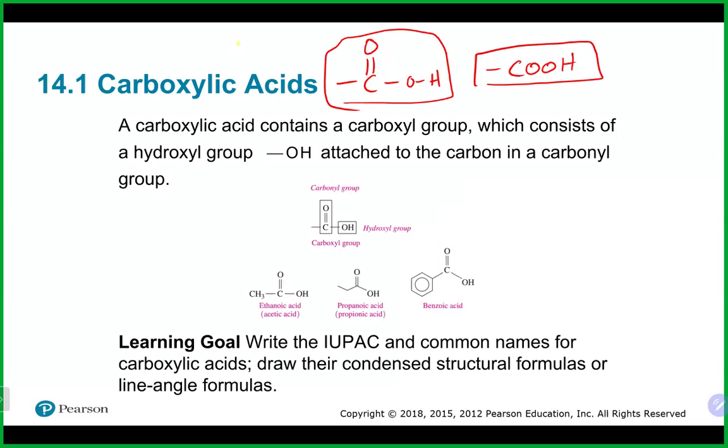It actually has 2 polar parts. It's got our carbon oxygen part here, and it's got our oxygen hydrogen part here. So a lot going on here. We saw how we make a carboxylic acid not too long ago.